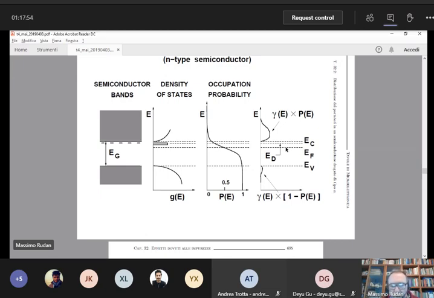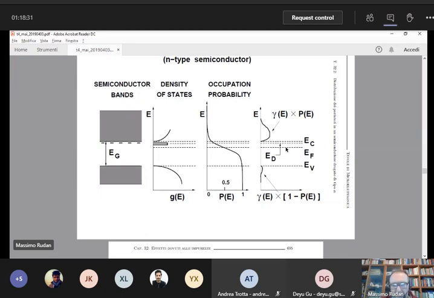You also notice from this figure that the distance between ED and EF is smaller than the distance between EC and EF, because EC is slightly above ED, okay? But assume that we also have the stronger condition that the distance between ED and EF is at least 1 kT.